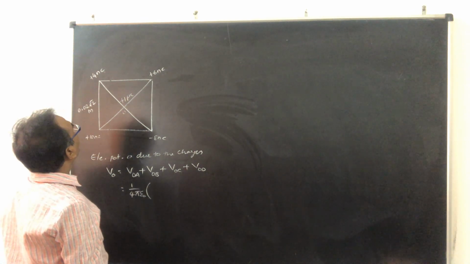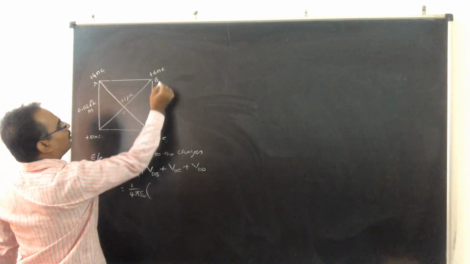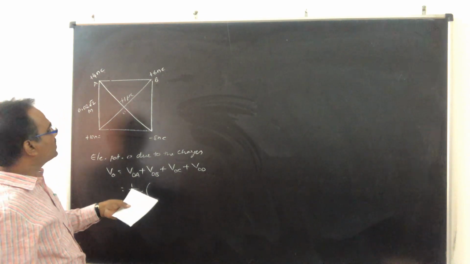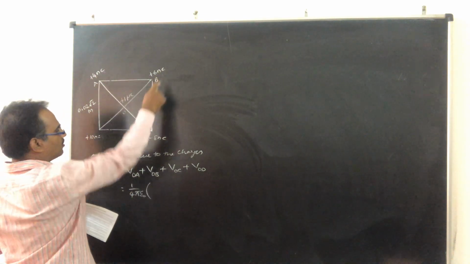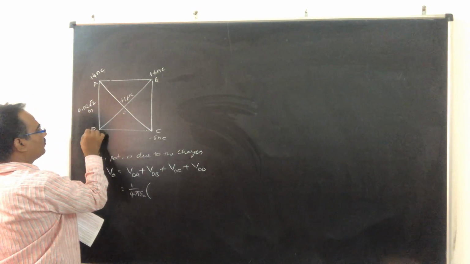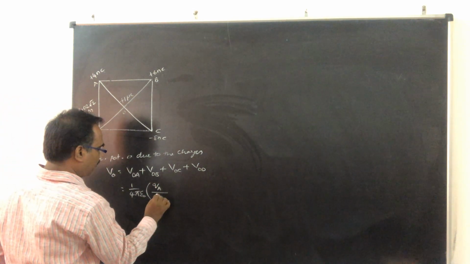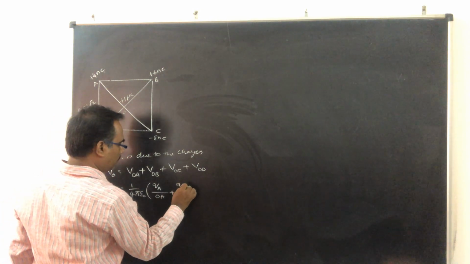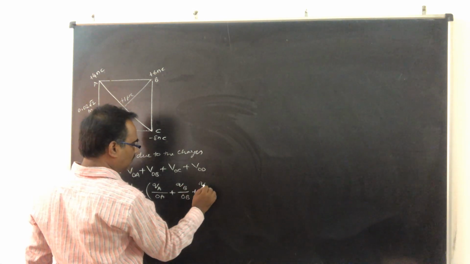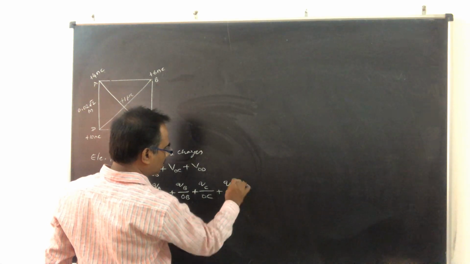The charges are given as 4, 6, minus 8, 10. That means this is A, B, C, D. So it is charge at A divided by the distance OA, plus charge at B divided by the distance OB, plus charge at C divided by distance OC, plus charge at D divided by distance OD.